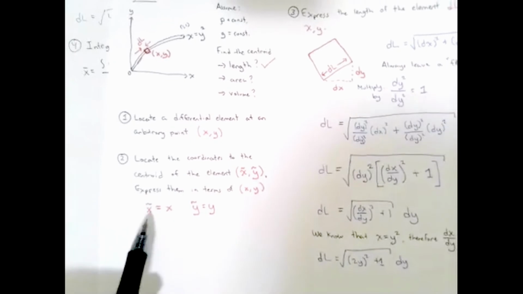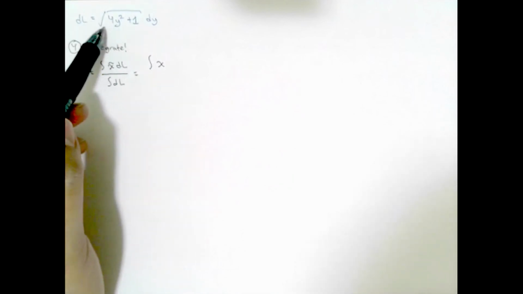Well, we already found from step number 2 that x squiggly equals x. So I get the integral of x times dl. But then what is dl? Well, we already found from step number 3 that dl equals the square root of 4y squared plus 1 dy. So I get x times the square root of 4y squared plus 1 times dy.